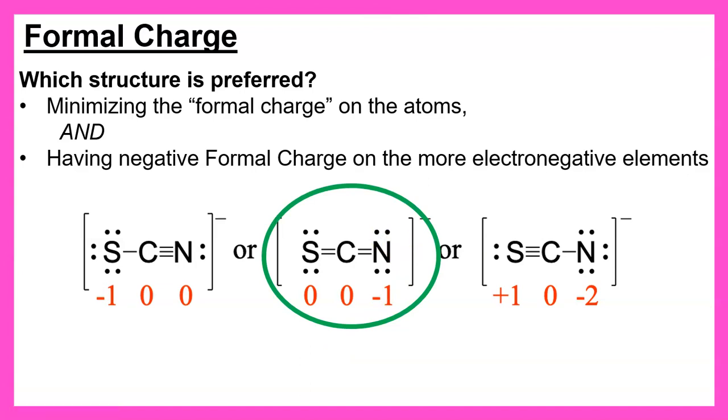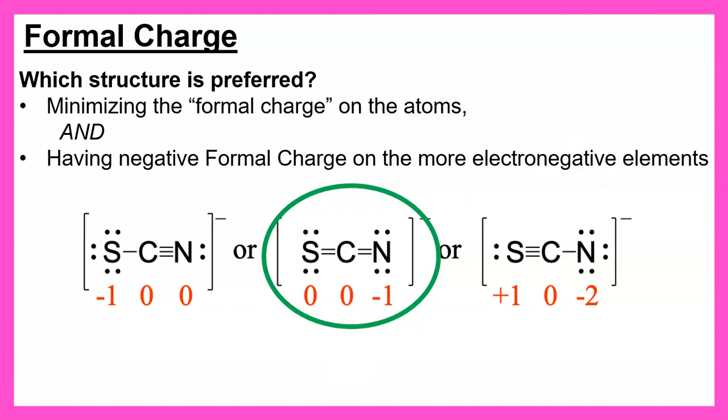You can see here we've made the lowest formal charges we can, and we've put the negative formal charge on the more electronegative element. So if your teacher was going to draw one of these on an answer key, they would have drawn this middle one.